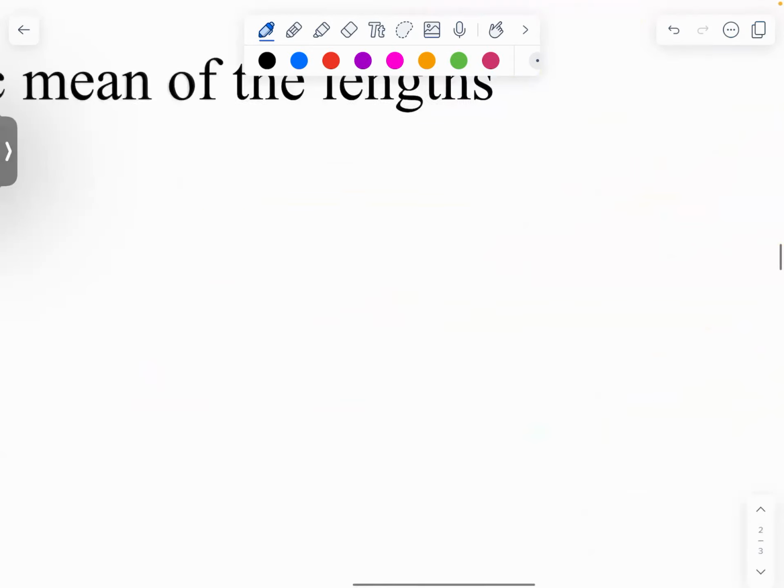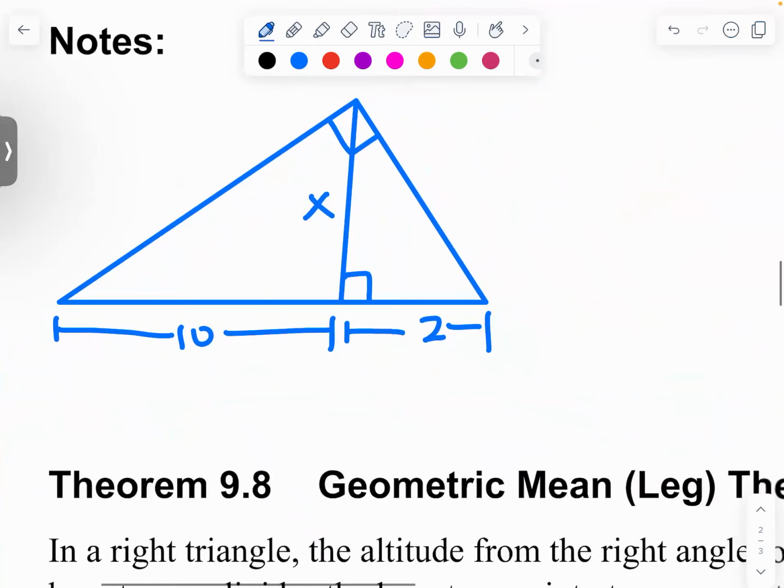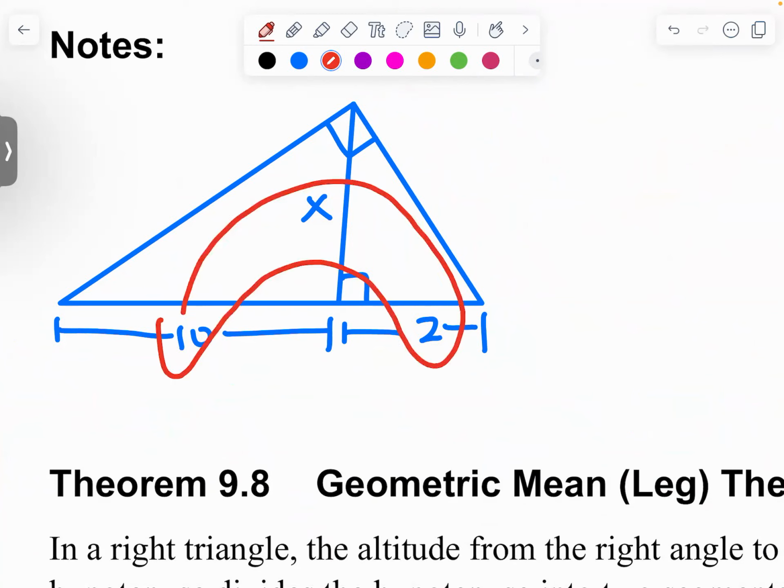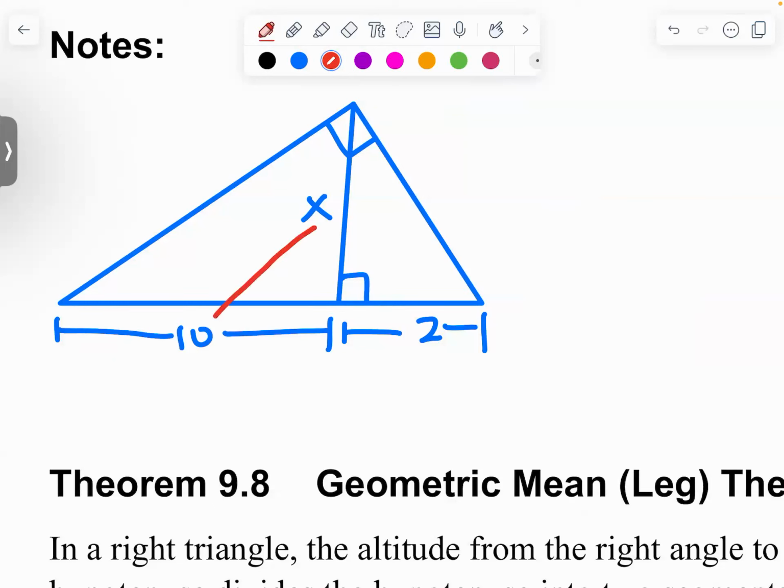So if we have this picture, we know the altitude is the geometric mean with the two pieces of the hypotenuse. Do you notice how that's what's going on here? I kind of like to do this. Maybe it would be helpful for you to draw something like that.